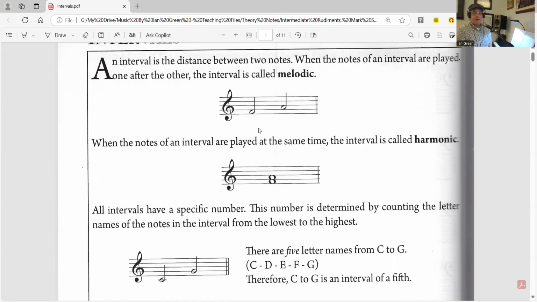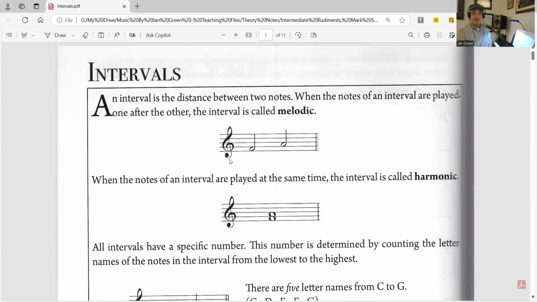Now, traditionally, in this book and in Western music theory, the first and most important way to find an interval is to start on the bottom note and then count up every line and space to find the top note, and to then count the distance between those two notes.